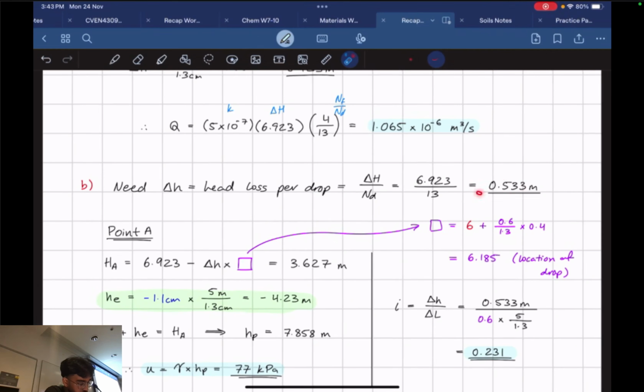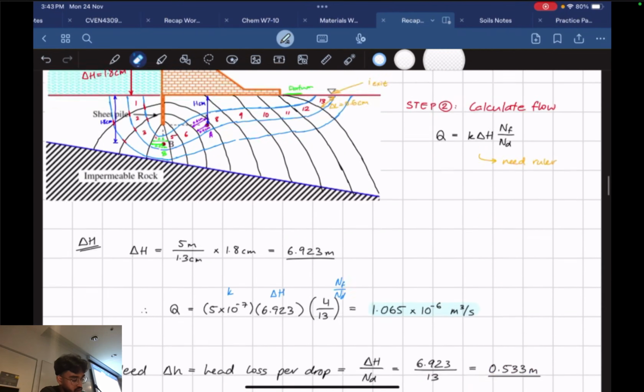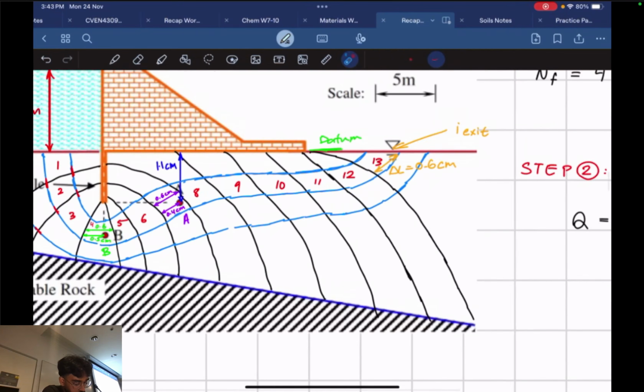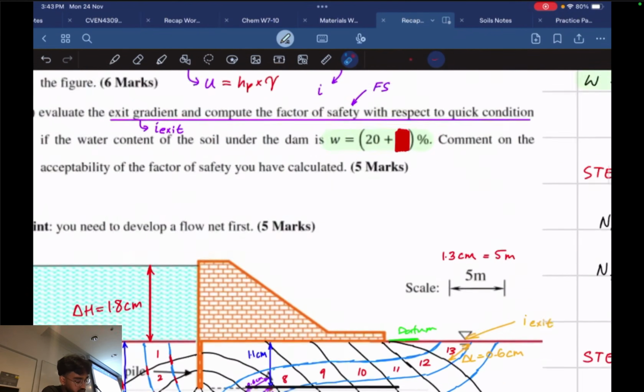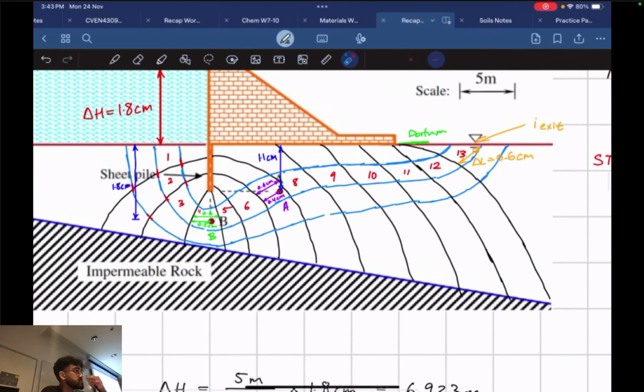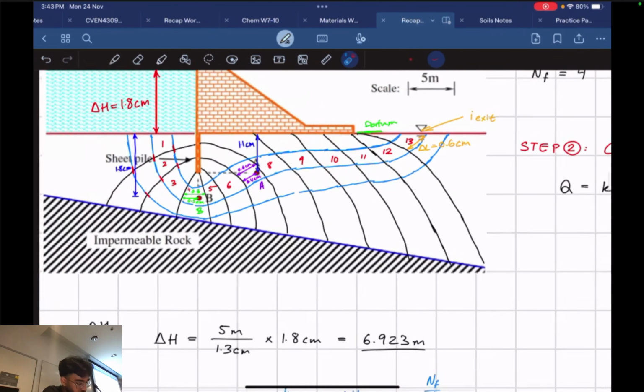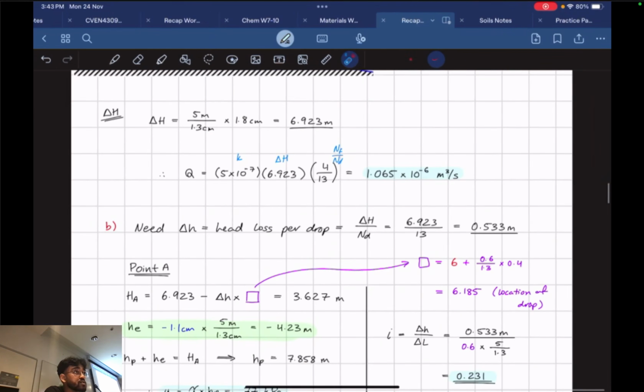We also figured out delta H from earlier, 0.533. Oh no, that is correct, because I guess 1.3 is like your standard. We're trying to figure out what 0.6 centimeters is in terms of meters as well. Well, we don't have to scale the 6 as well.